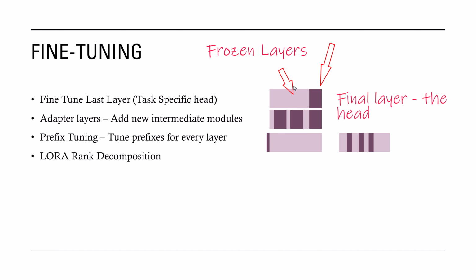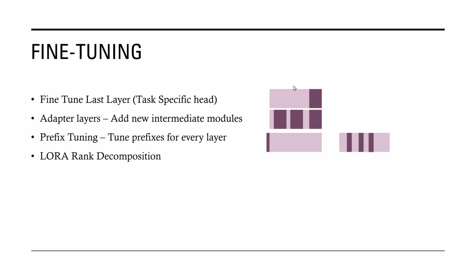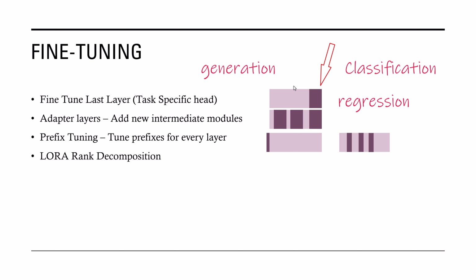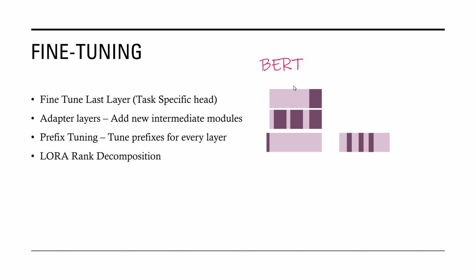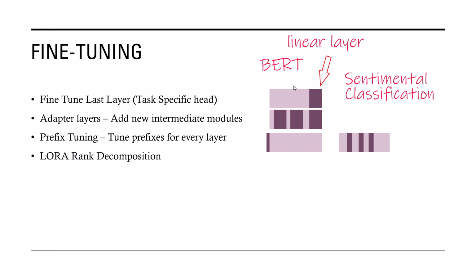A task-specific head refers to a small, customizable neural network layer or module added on top of the pre-trained model to handle the target task, such as classification, regression, or generation. For example, in a transformer model like BERT, you might add a linear layer for sentiment classification and train only that layer using task-specific data, right?